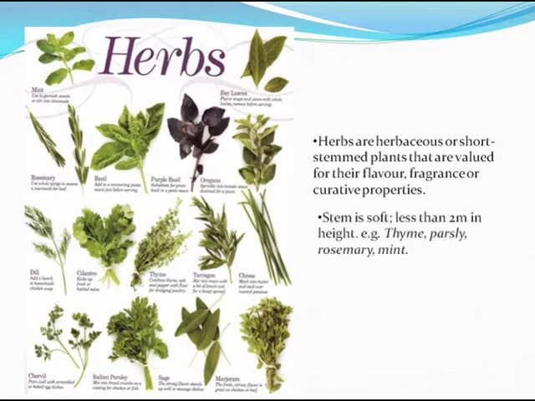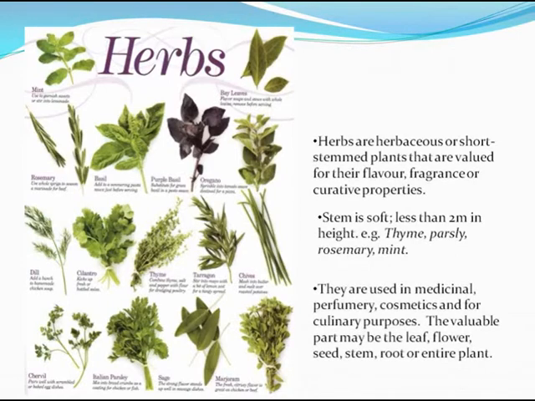The stem is soft, as we have known before. They are used in medicine, perfumery, cosmetics, and for culinary purposes as well. The valuable part may be the leaf, the flower, the seed, the stem, root, or the entire plant.